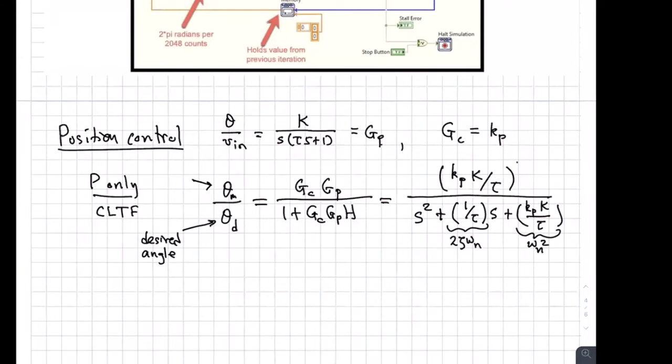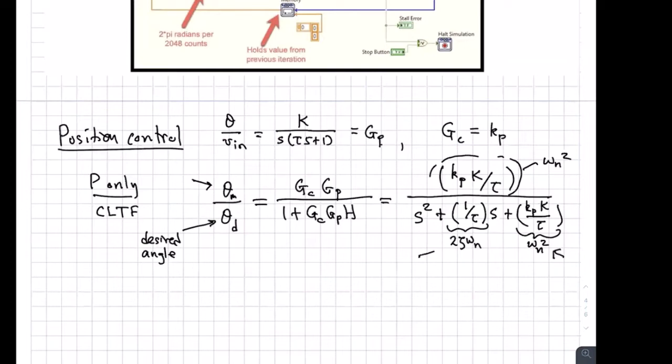By the way, this term right here is also omega n squared. So that looks perfectly like a standard second order transfer function, and note that omega n here is influenced only by Kp.